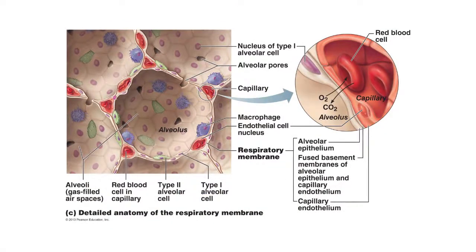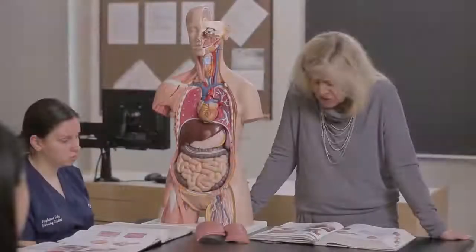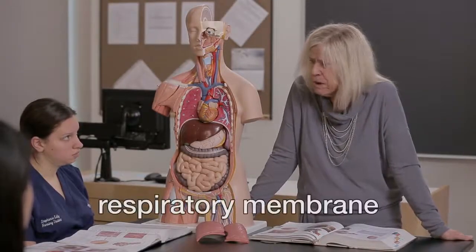So if we look closely at the microscopic structure of the lungs, what we're talking about is that when gas exchange occurs there, gas has to move through the thin wall of the alveolus into the blood of the pulmonary capillary, or it moves from the pulmonary capillary blood into the gas mixture in the alveolus. So that gas exchange is taking place across what we call a respiratory membrane.